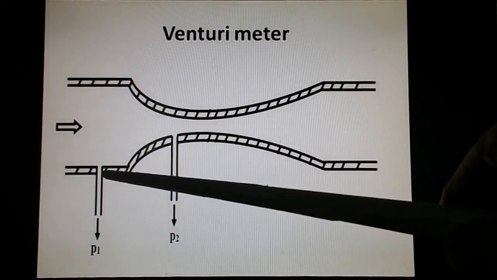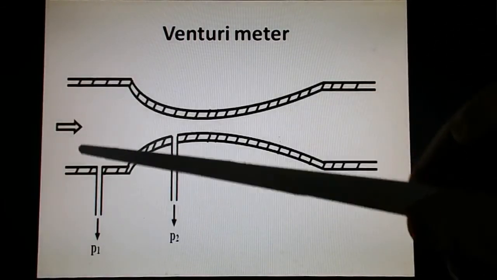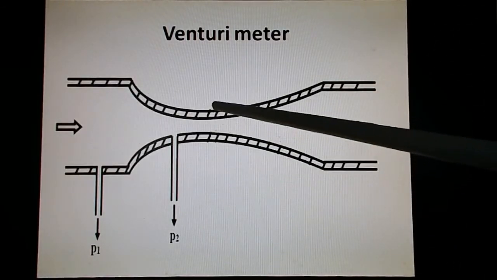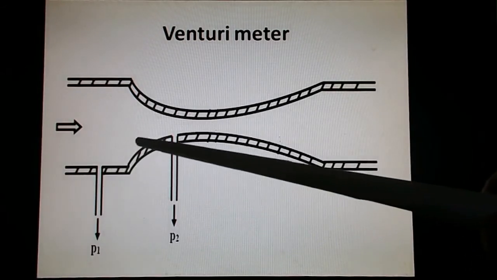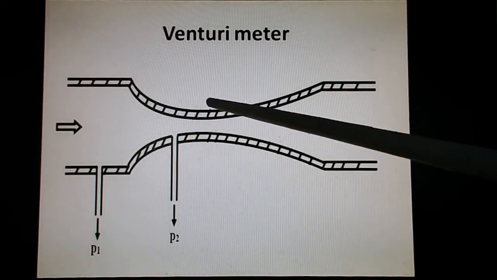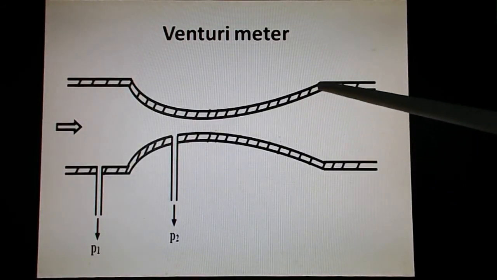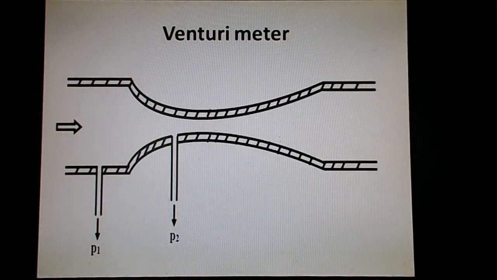Here is the pipeline cross section and here is the Venturi tube cross section, and there is a gradual change of path, and after the Venturi again there is a gradual change of path and the path again becomes according to the original pipeline diameter.